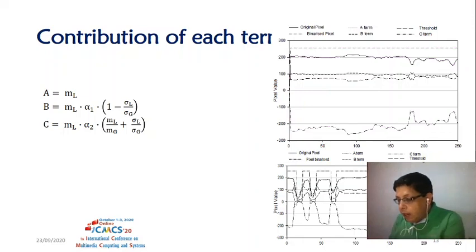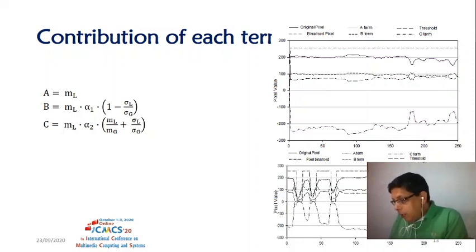The results are illustrated in the following graph, which shows lines 90 and 210 of an image with 250 pixels. In graph 2, the term A average value coincides with the original pixel values.